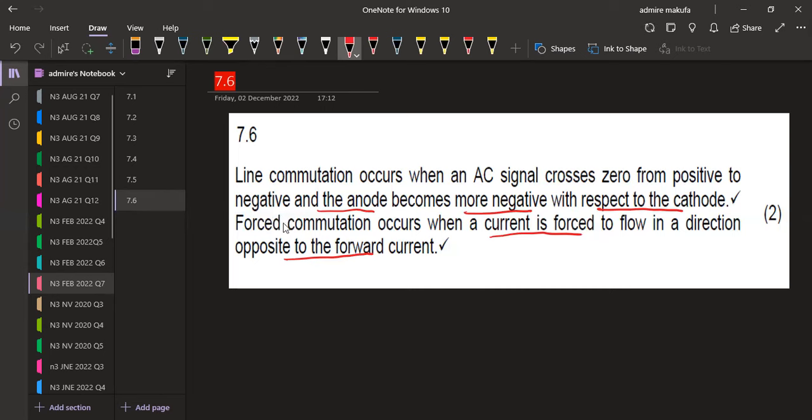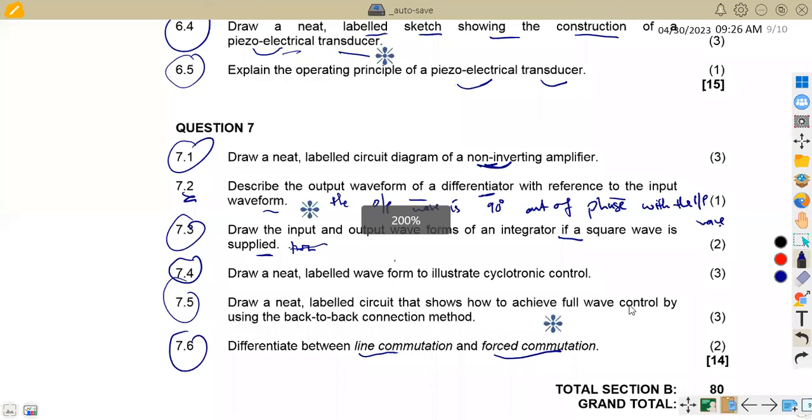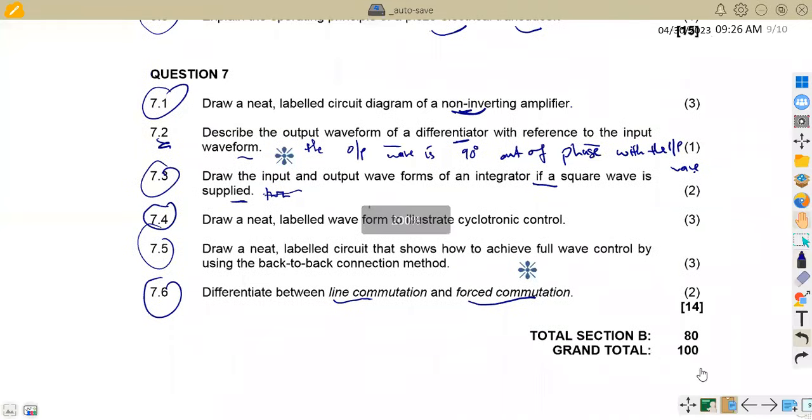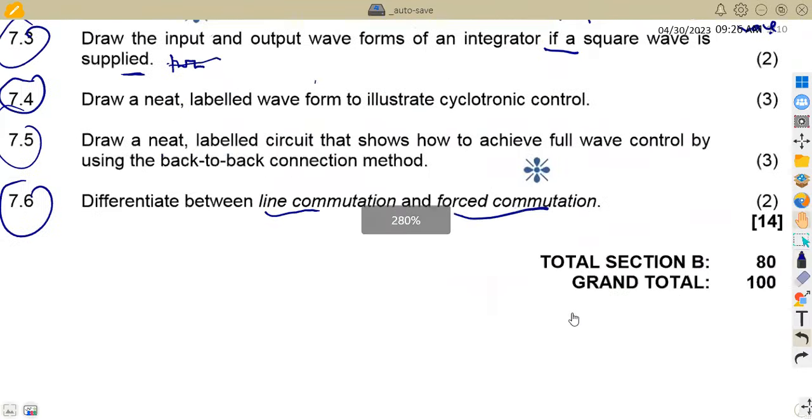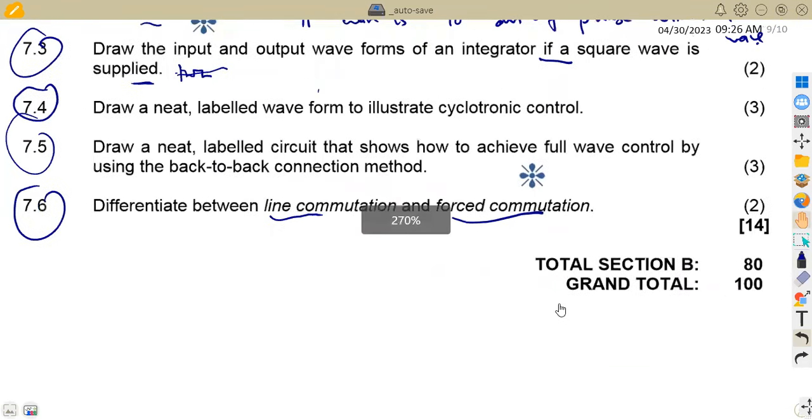All right, so that is what we had from the whole of this paper, which was from February 2022, having a total of 100 marks in this case. So like I said, guys, we need to revise with more question papers, more revisions as we prepare ourselves for the exams which are ahead of time. Also revise the theory part as much as you can. Yes, here we are just coming to give you what is required in terms of the diagrams, in terms of the explanation.